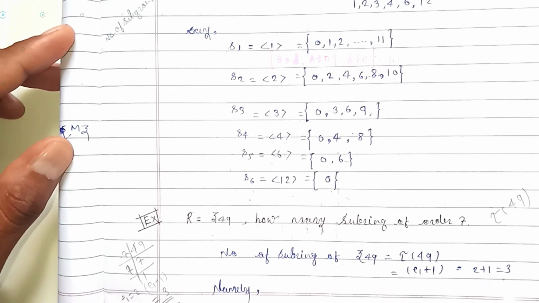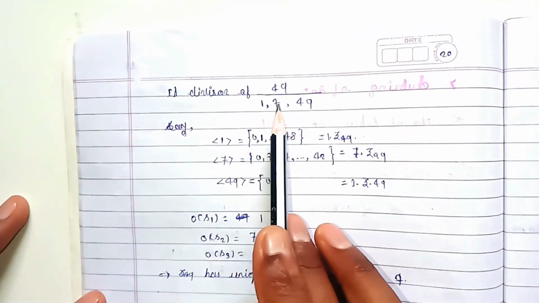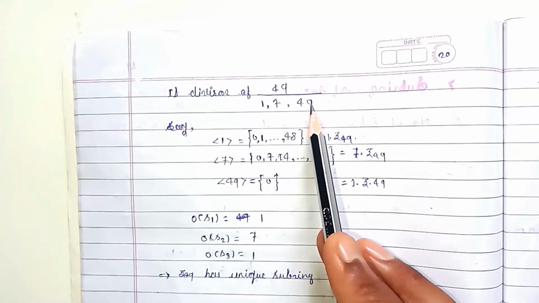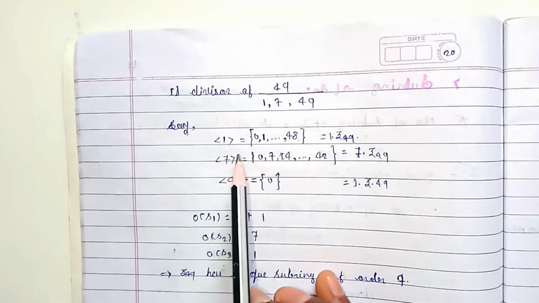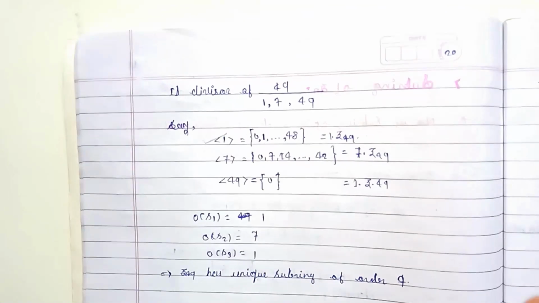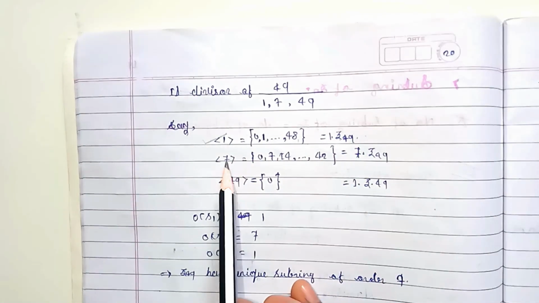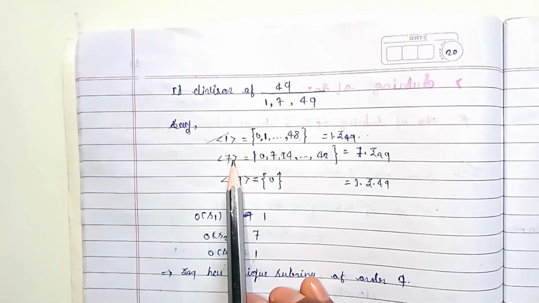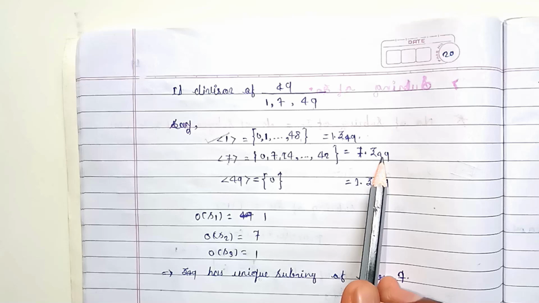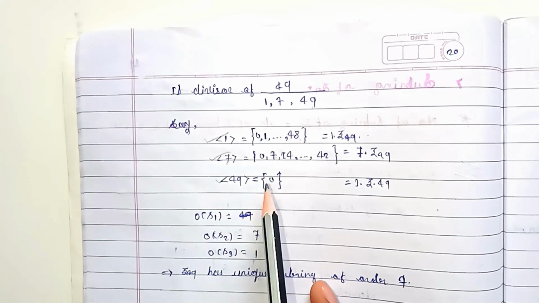So which subrings exist there? The divisors of 49 are 1, 7, 49. These are the three divisors. That means the ideals generated by 1, 7 and 49. The ideal generated by 1 is 1 into Z49, the first subring. The ideal generated by 7 is 7 into Z49, the second subring, and 49 gives the singleton 0, the third subring.